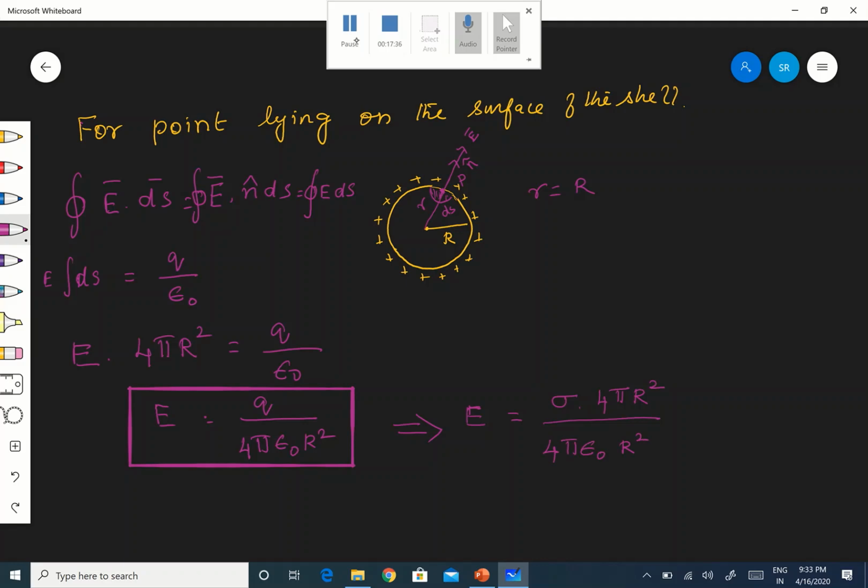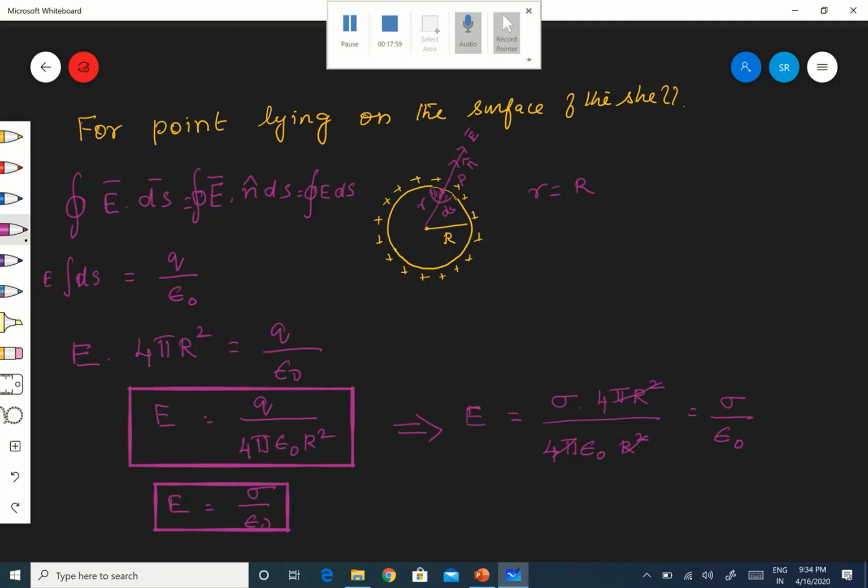Therefore the 4 pi r squared will cancel, and you will be getting sigma by epsilon naught. Therefore the value of E here is sigma by epsilon naught. This is the other expression. Hope you are following.